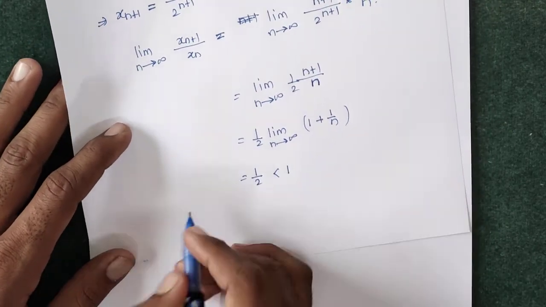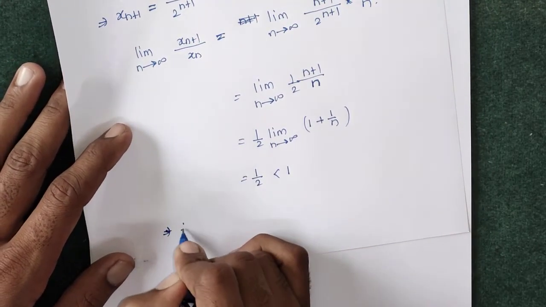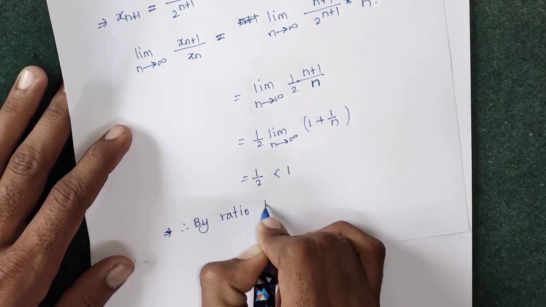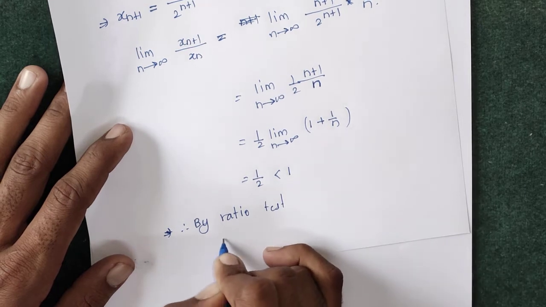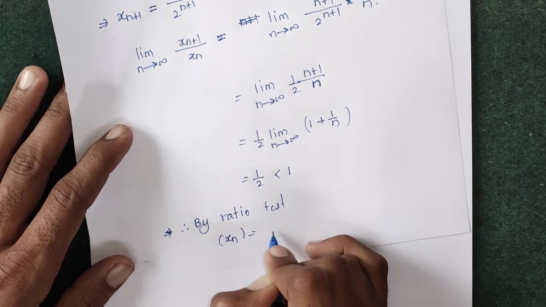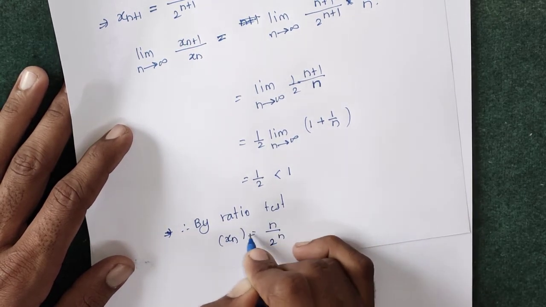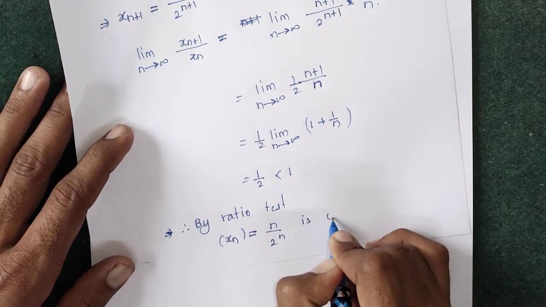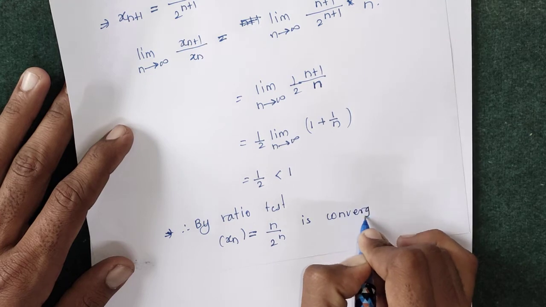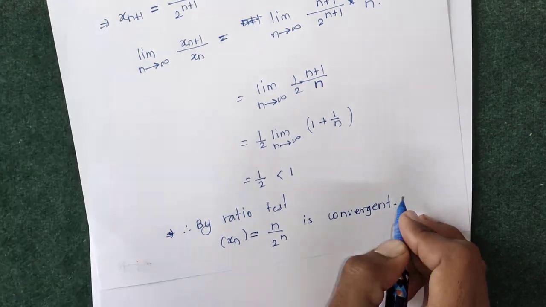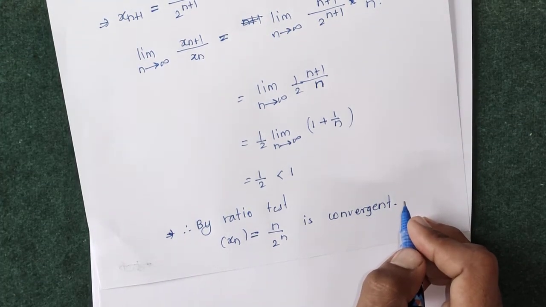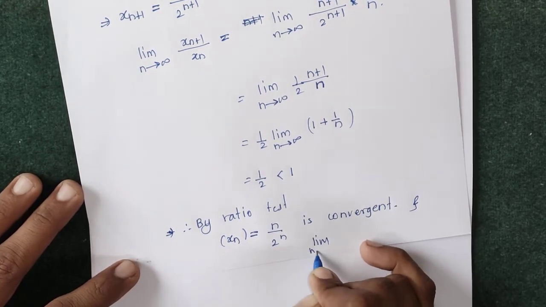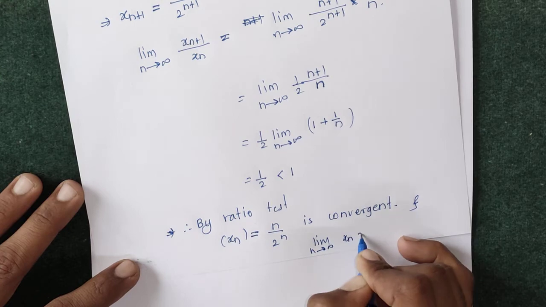Therefore, by the ratio test we can write that the sequence xn, which is equal to n upon 2 raised to n, is convergent, and the limit as n tends to infinity of xn is equal to 0.